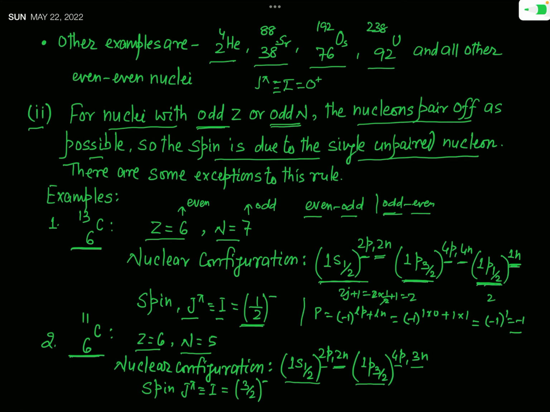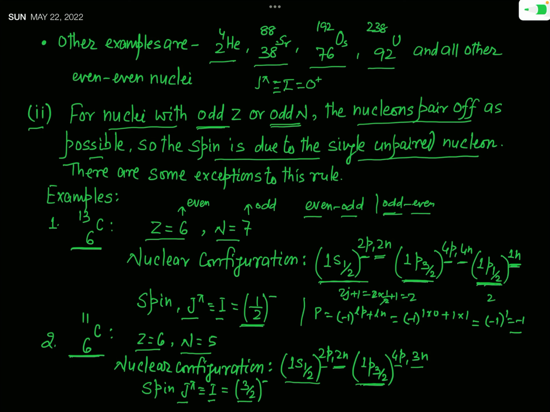So the last subshell contains only 3 neutrons. The value of J in the last subshell is equal to 3/2. So the ground state spin I or J pi will be equal to 3/2.